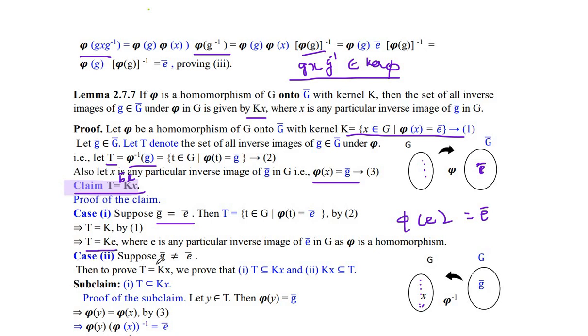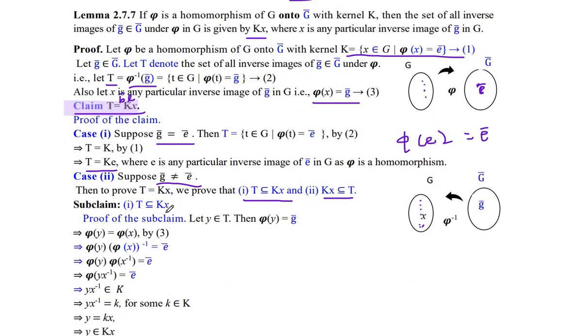Now we shall consider the case where G bar is different from E bar. Then to prove that T is equal to Kx, we have to show that T is contained in Kx and Kx is contained in T. So first we shall have this as subclaim 1 and that is 2. To have the first one, we shall consider one element, say y in T.